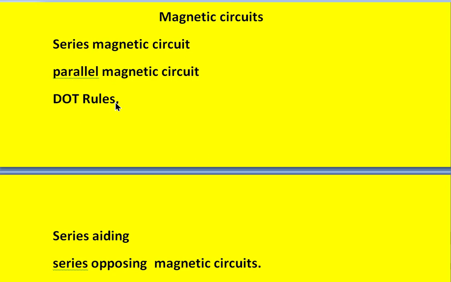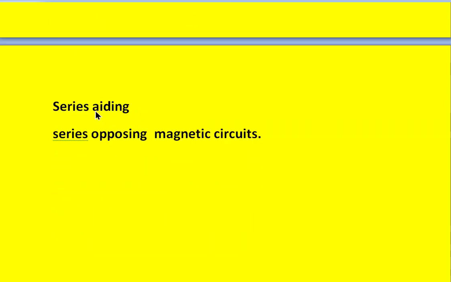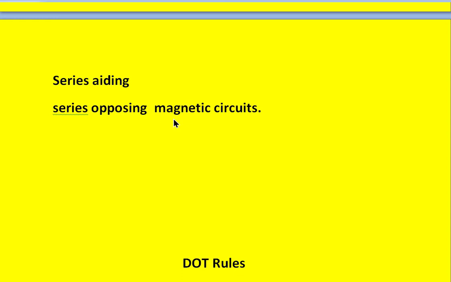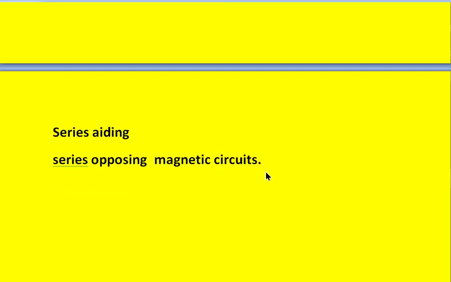We have seen the importance of the dot rules and why we should use them. We have seen dot rule 1 and dot rule 2. To explain dot rule 1, a series aiding circuit was taken into account. Similarly, to explain dot rule 2, a series opposing magnetic circuit was taken and explained.